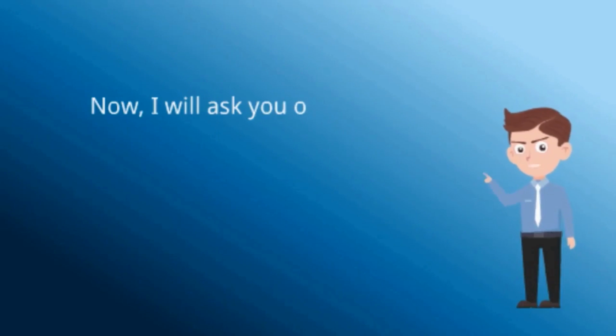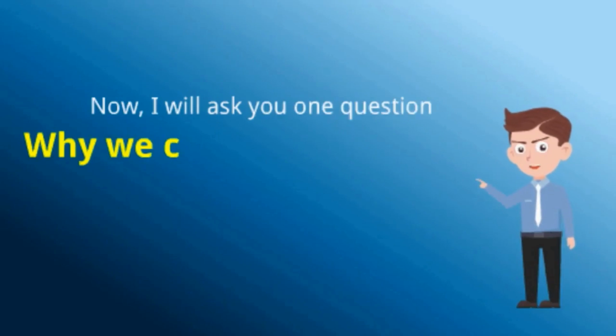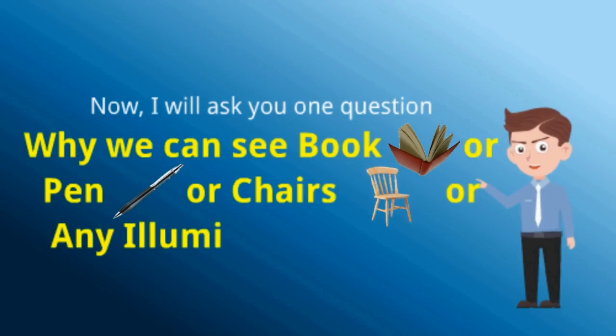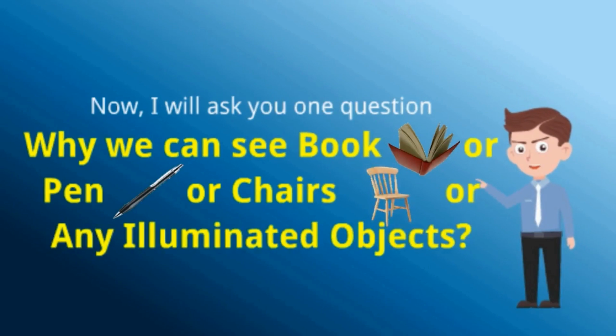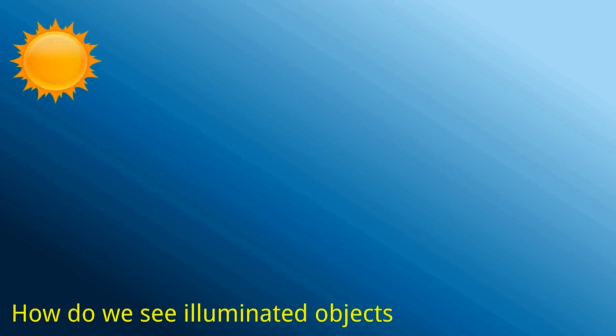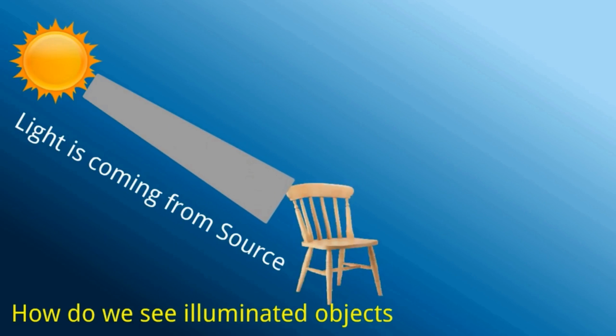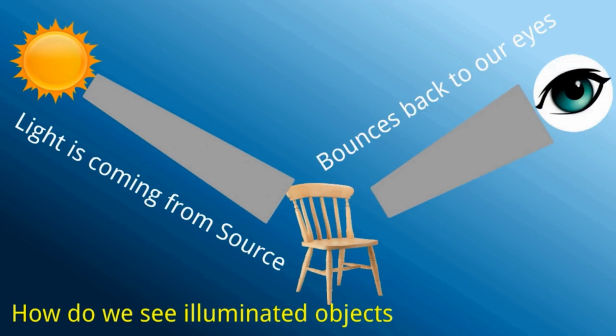Now I will ask you a very simple question. Why can we see a book or pen or chairs or any other illuminated objects although they are not producing light? It's very simple. Take an example, the sun is a luminous object, so the sun can produce light. So light is coming from the sun and it is falling on the chair. From the chair, the light bounces back to our eyes and we can see the chair.